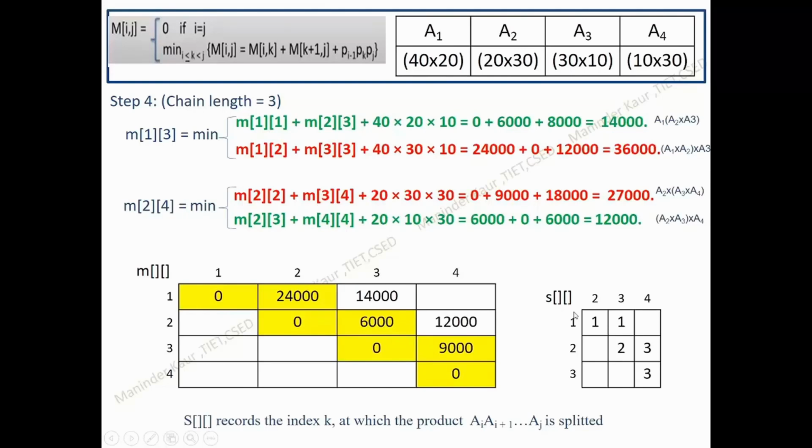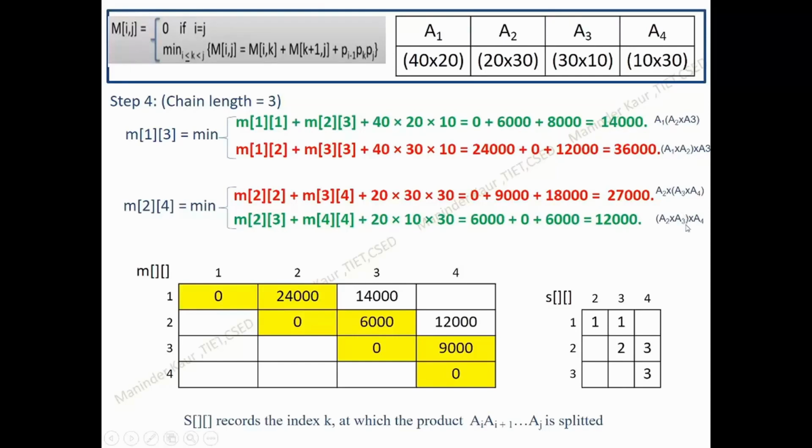Now, what we are attaching along with that is the S array. This array records the index k at which the product Ai till Aj is split. What this means is that S2,4 is 3, which means the best split is at the third index matrix.